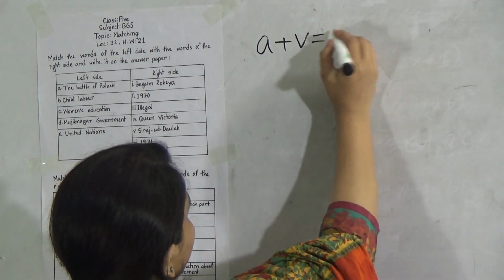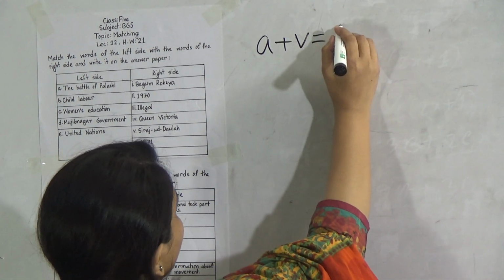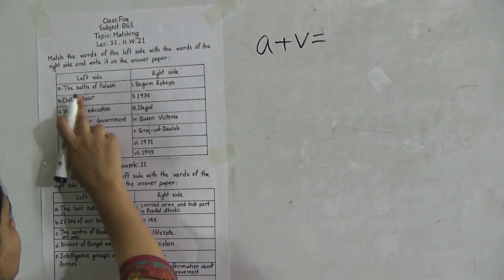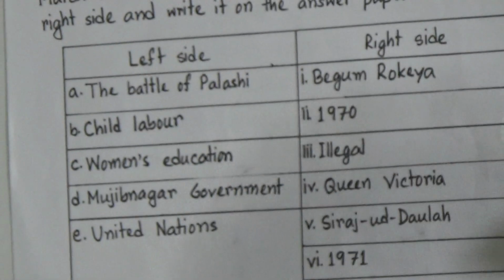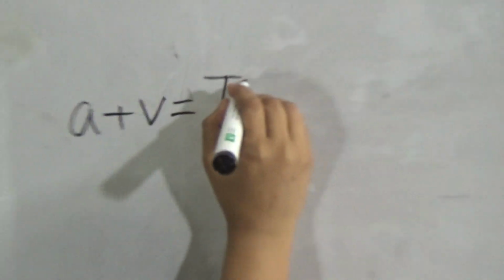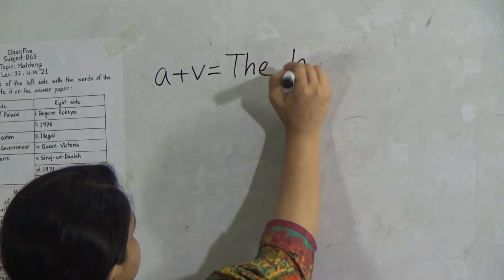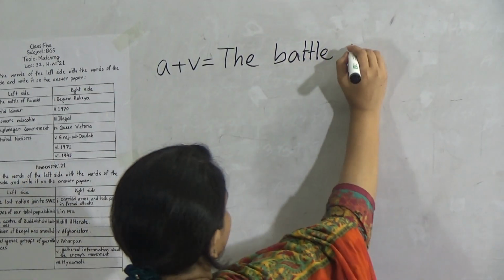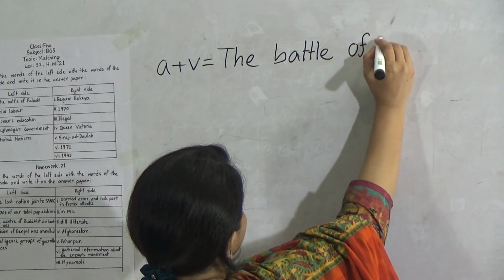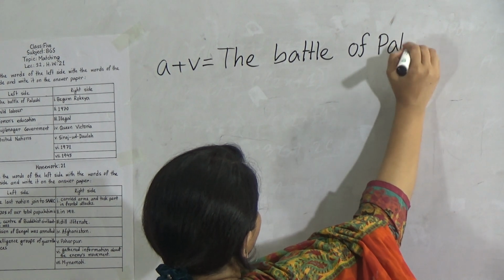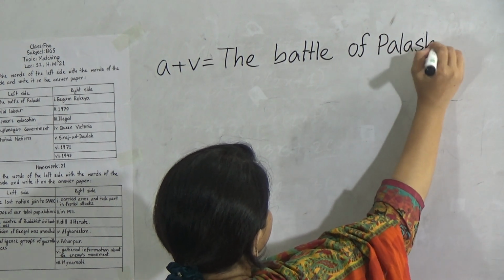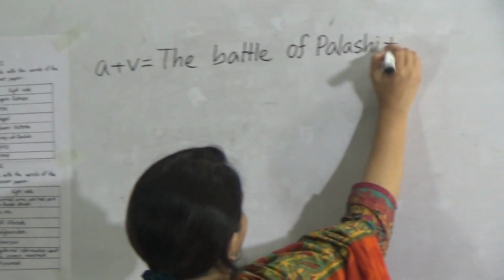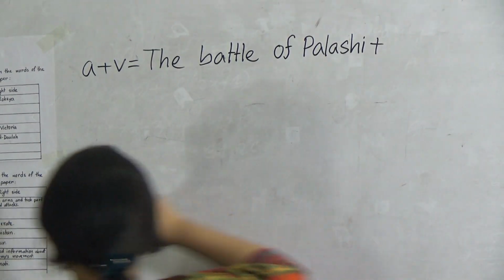Now we will put an equal sign or hyphen, then we will write the part of the left side, the battle of Palashi. Now we will give a plus sign, and what is on the right side?